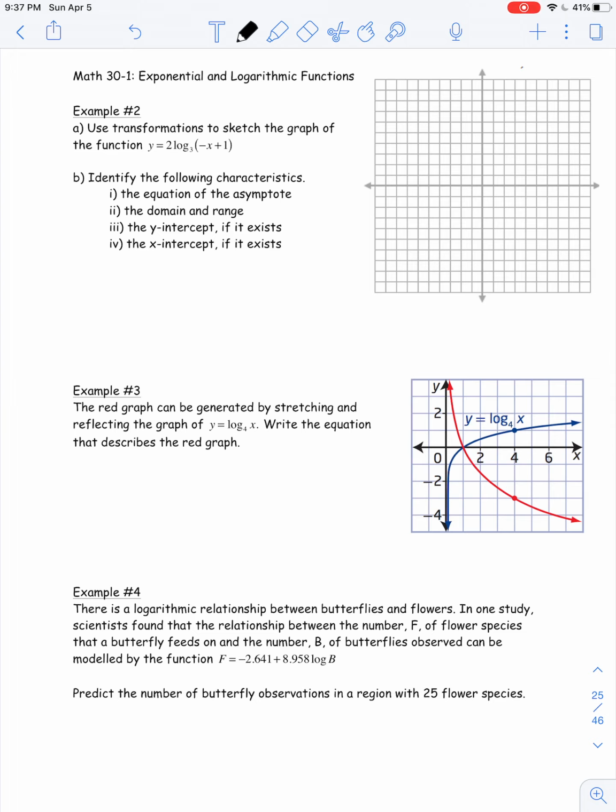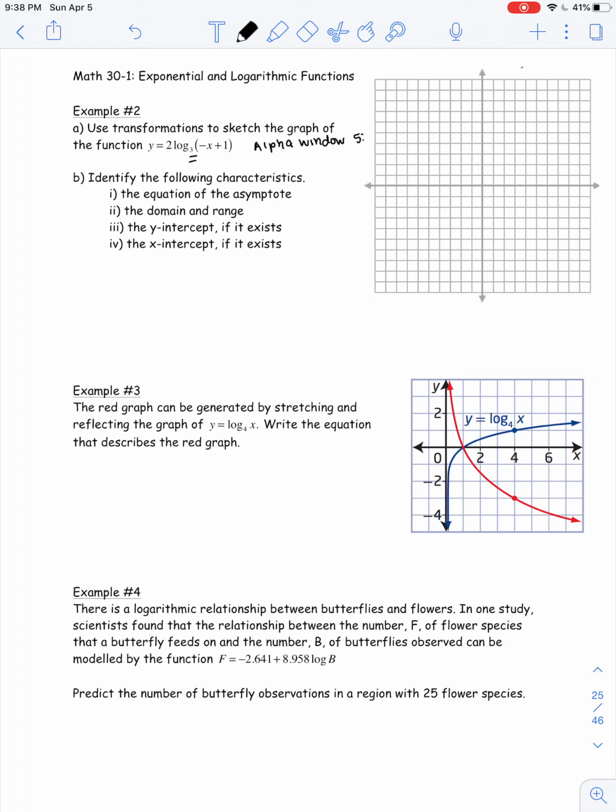Example number 2. So in your calculators, since we have this base of 2, you're going to have to watch how you put that in your calculator. So if you have a newer version calculator, you're going to have to press alpha window number 5 in order to place that in.